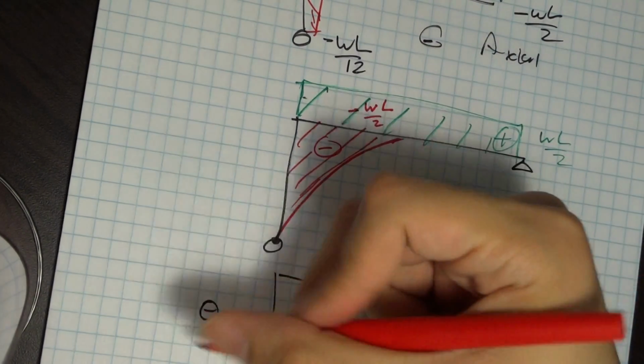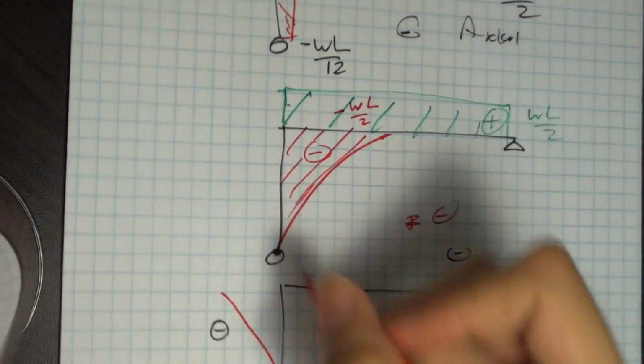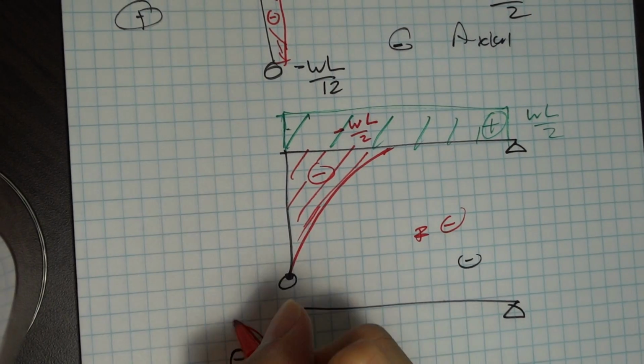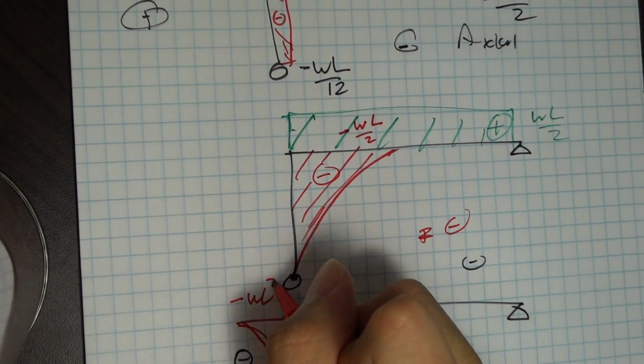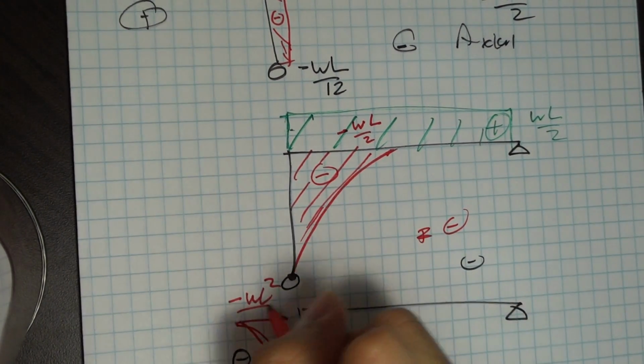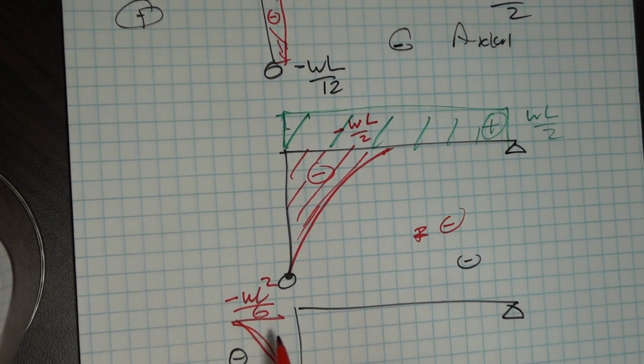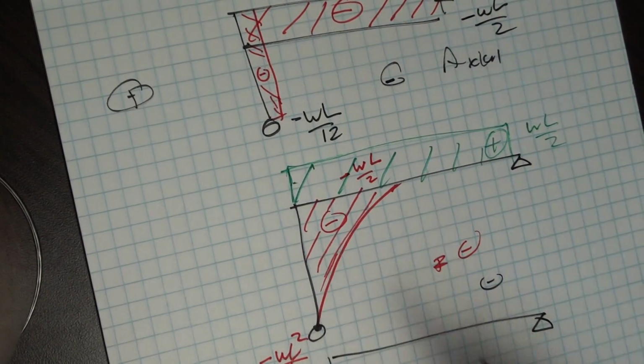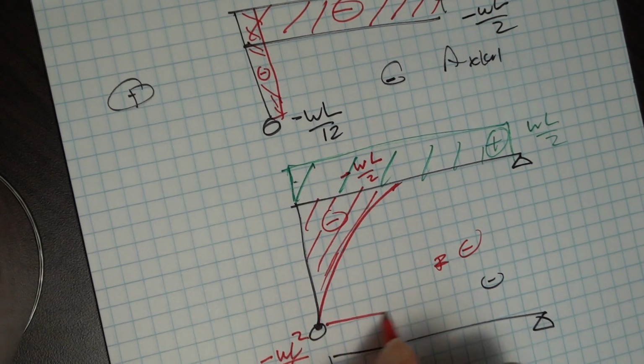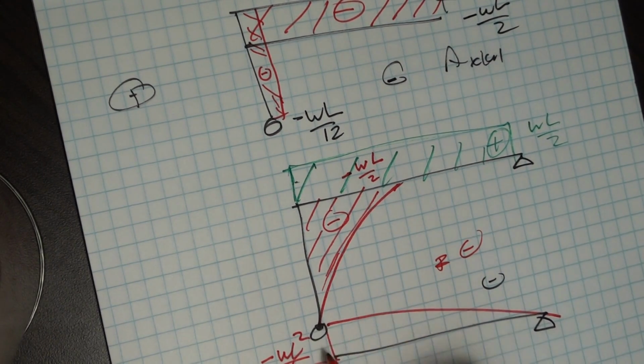So my negative is on the outside again. And this is supposed to be cubic. So WL squared on 6. It's a cubic shape, but the value is squared. And up here we get some negative. Both of these values are the same.